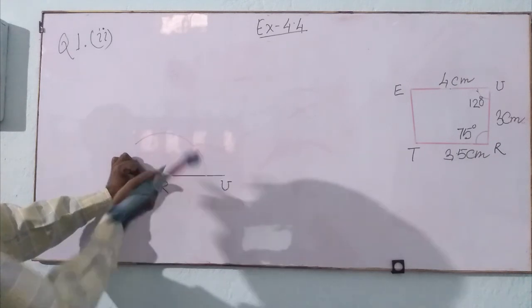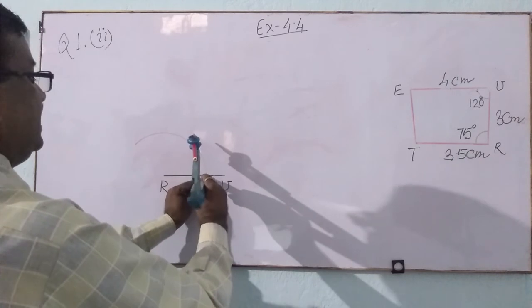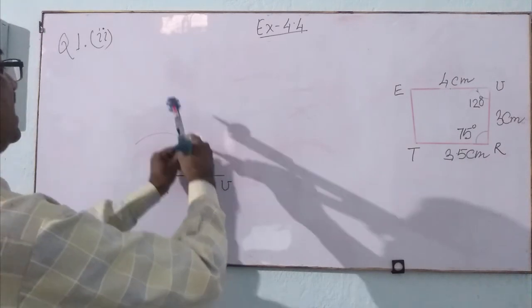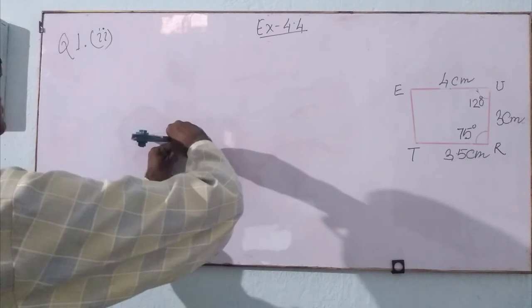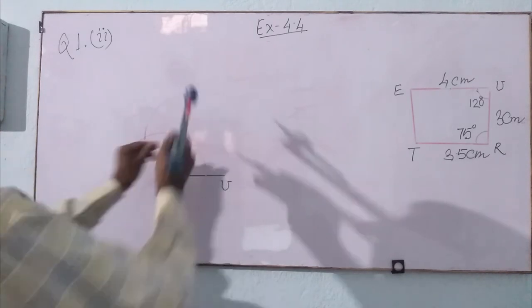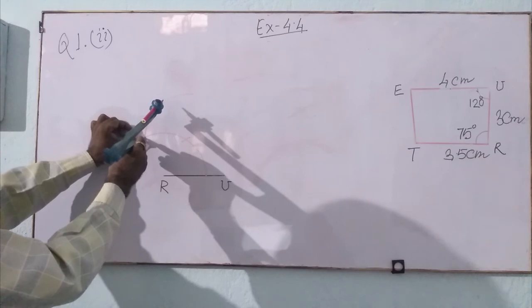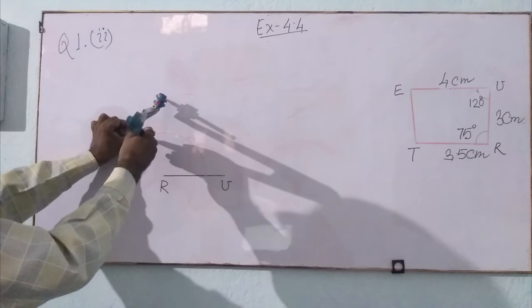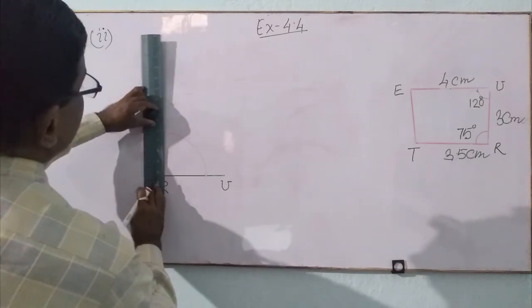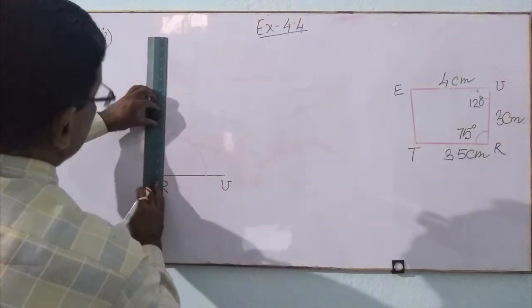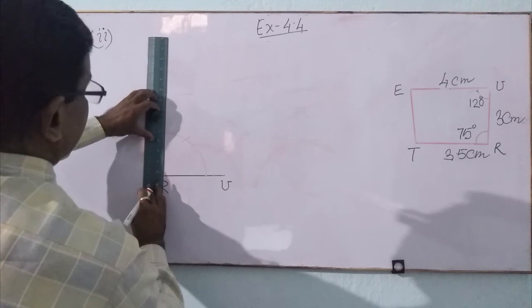Put your compass at R and draw one arc for 60 degree. Another arc is for 120 degree. Draw an arc, and another arc on putting at 120 degree, to find the point for 90 degree.